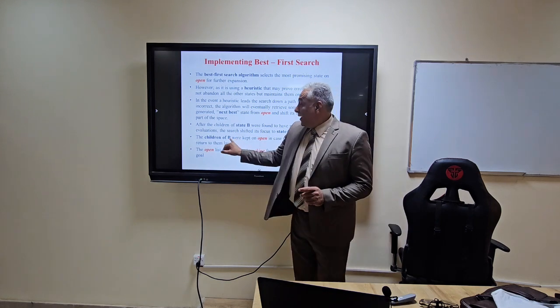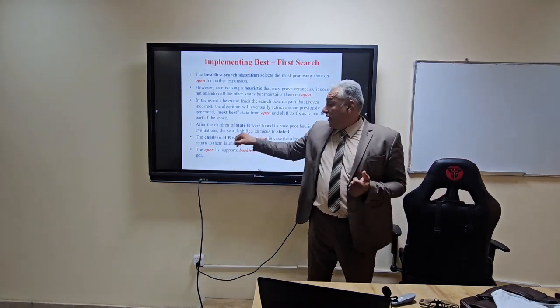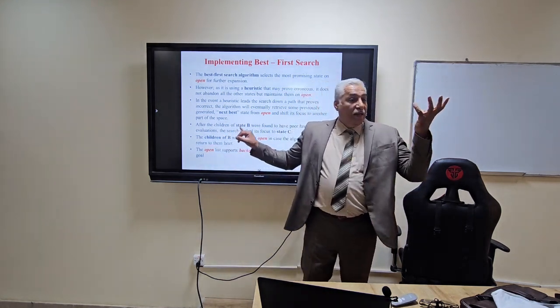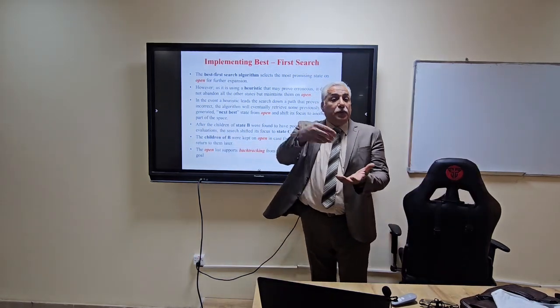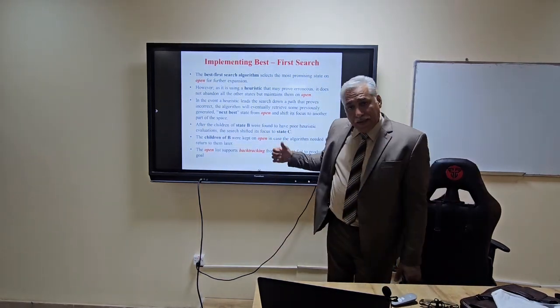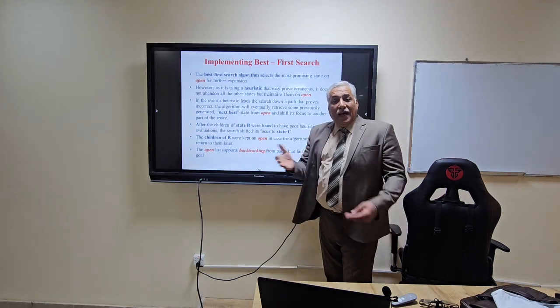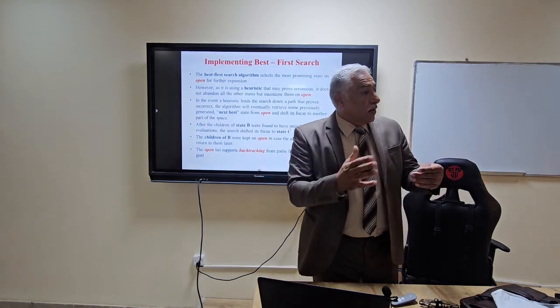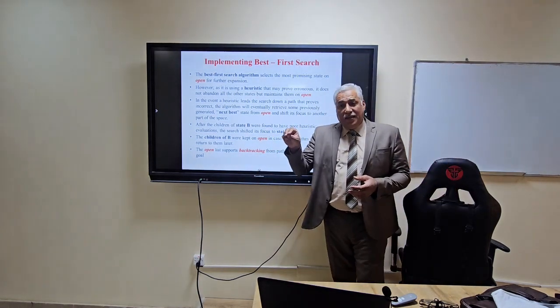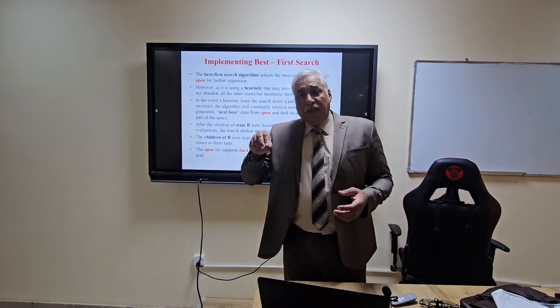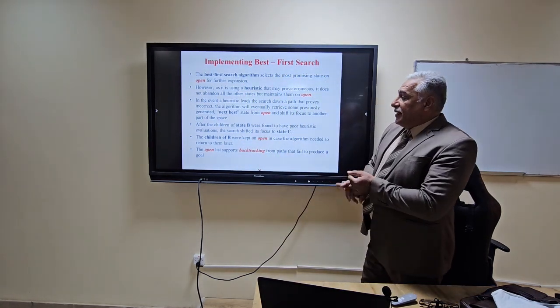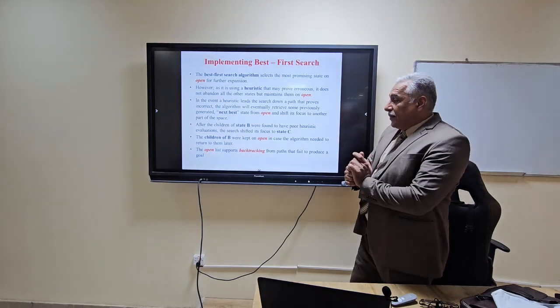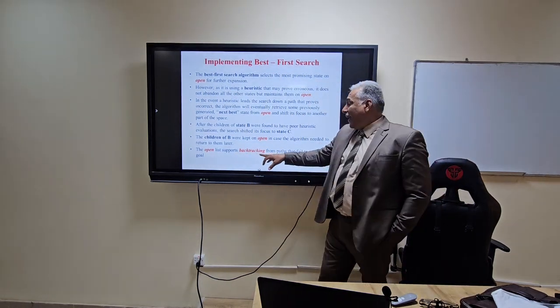That means when we leave open, leave P nodes, the children of P were kept in the open list and reordered. The ordering depends on the best evaluation function, in case the algorithm needed to return to them later. The open list supports backtracking.